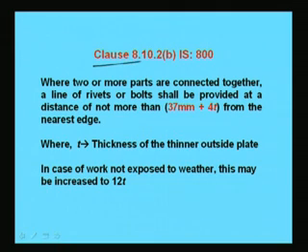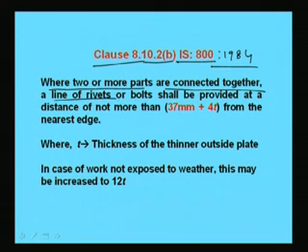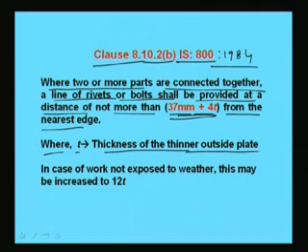In clause 8.10.2 b of IS 800/1984, it is stated that where two or more parts are connected together, a line of rivets or bolts shall be provided at a distance of not more than 37 mm plus 4T from the nearest edge. So this also has to be kept in mind. It should not become more than 37 mm plus 4T, where T is the thickness of the thinner outside plate.